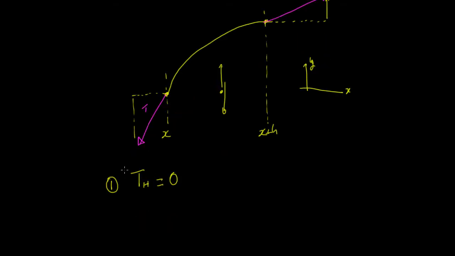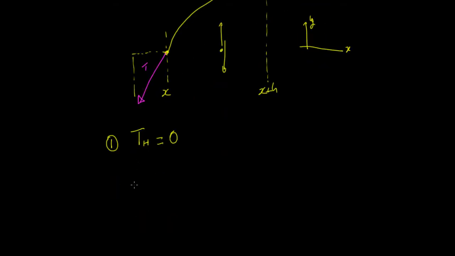That's our first assumption. Now we're going to work out our wave equation using Newton's second law. Newton's second law says that the force on that little element of string is the mass times the acceleration. The mass we're going to write as a mass per unit length.